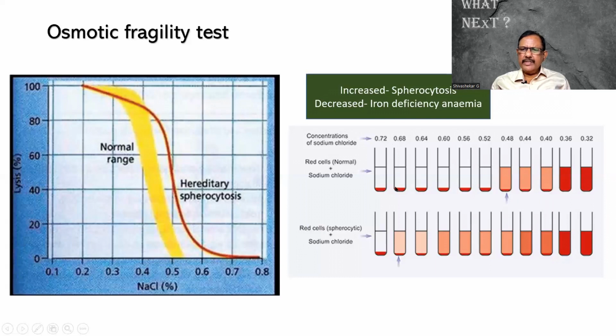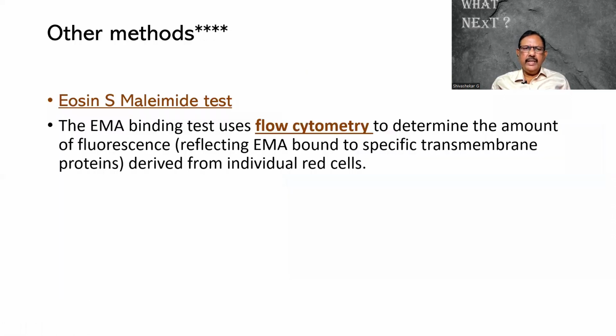Whereas in a normal sample, it starts much later, at 0.48. So this is important for us to make a diagnosis. But a still better method is the Eosin-5-maleimide method, which uses flow cytometry to determine the amount of fluorescence.